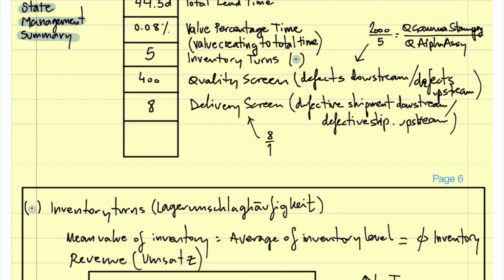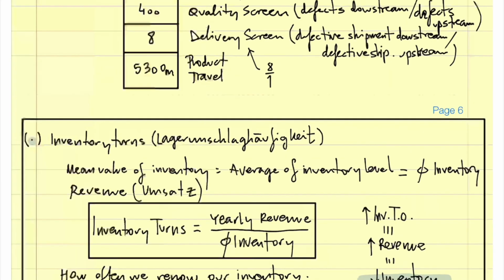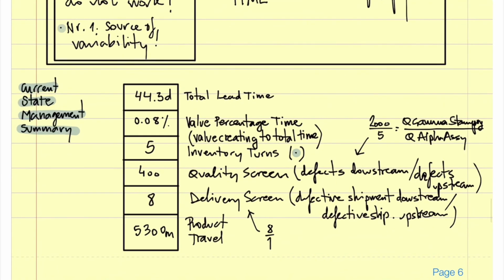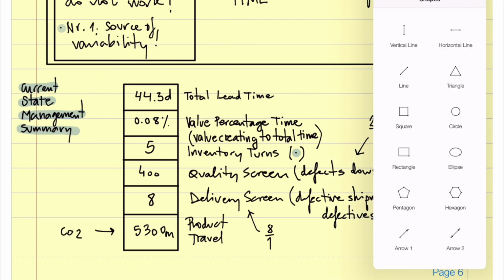And yeah, so we have also the product travel distance. 5,300 miles for a wiper, okay? That is only produced in 2 countries. 5,300 miles, this is a CO2 related issue.